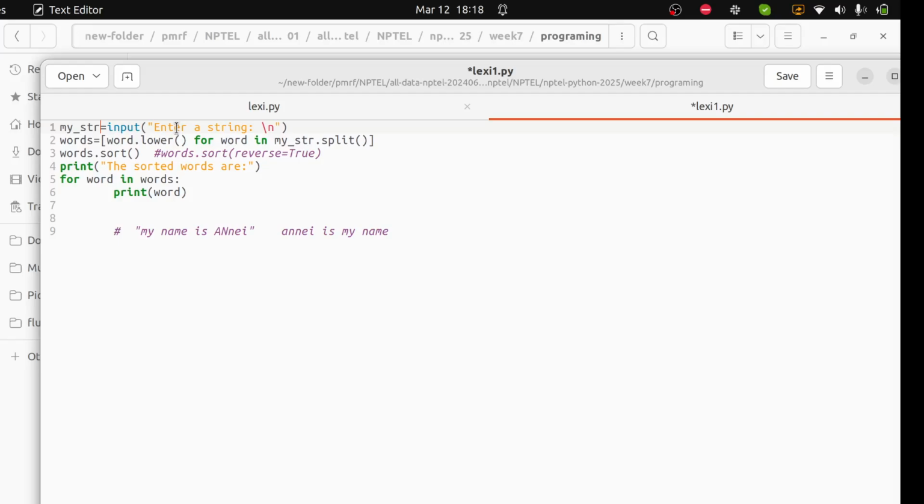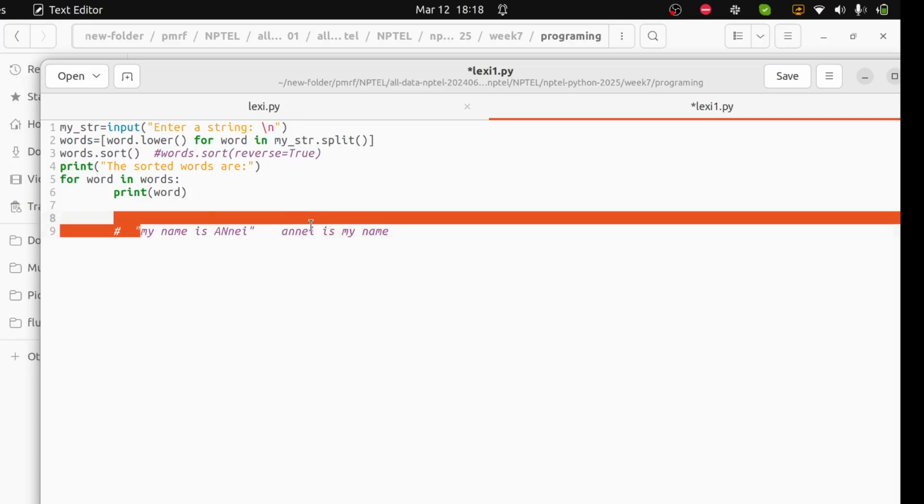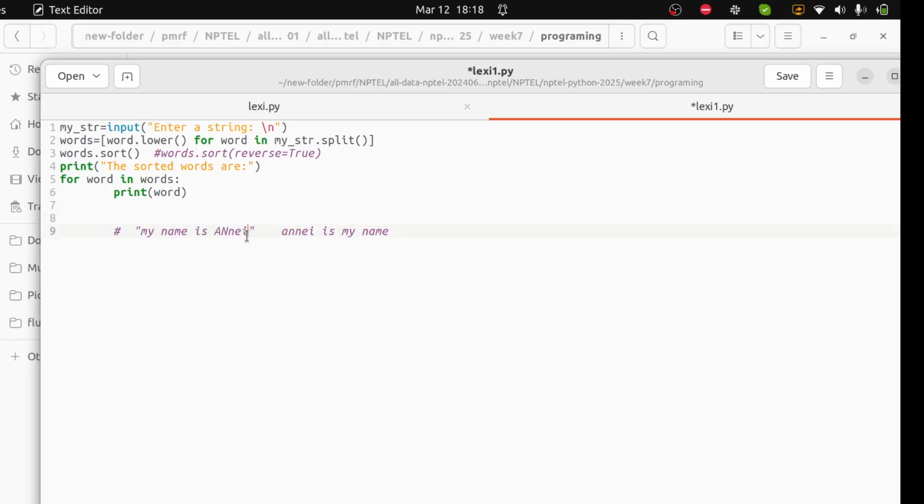So this is that input, enter a string. Okay. Now words. As I told you, input a string, so that means we will just write a string like thing, and if I just want to see the type of my string, it will come as a string, str, right?